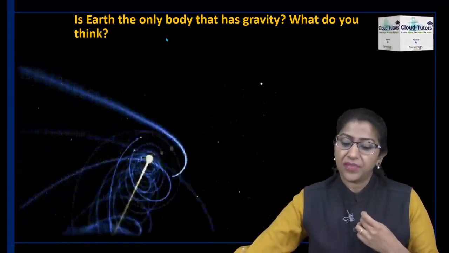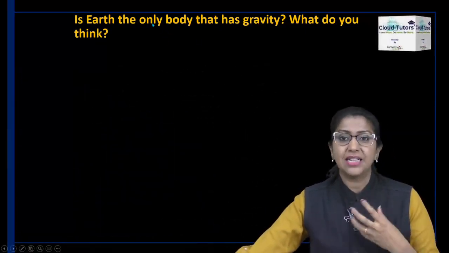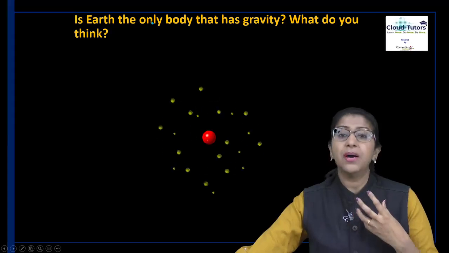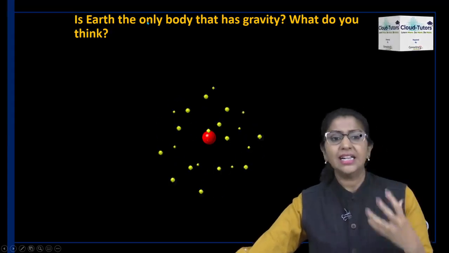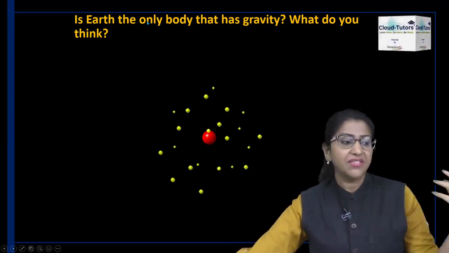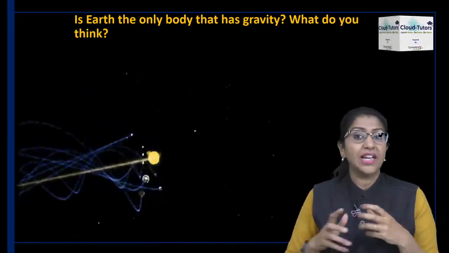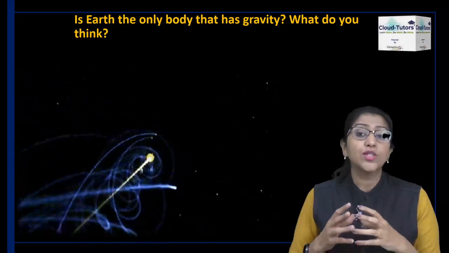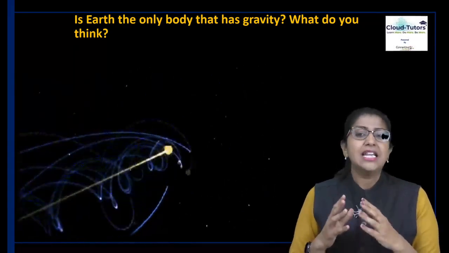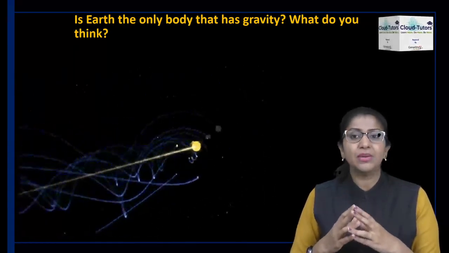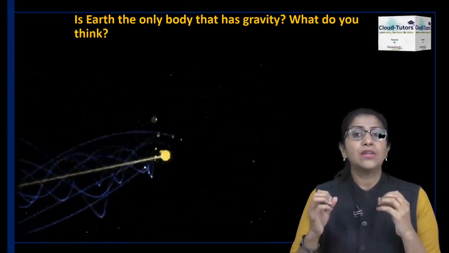Think about all the planets that are revolving around the sun. Think about everything that is around you. By the way, if you look at this picture very carefully, this is our solar system. Nothing in the universe is at absolute rest.